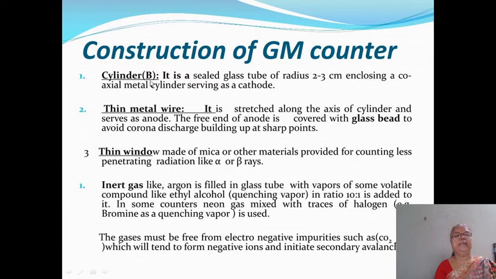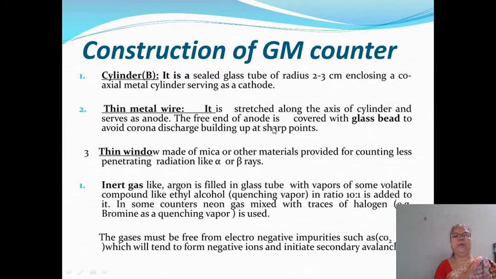Then, construction of the Geiger counter. The cylinder is a sealed glass tube of radius 2 to 3 cm enclosing a coaxial metal cylinder serving as a cathode. A thin metal wire is stretched along the axis of the cylinder and serves as the anode.